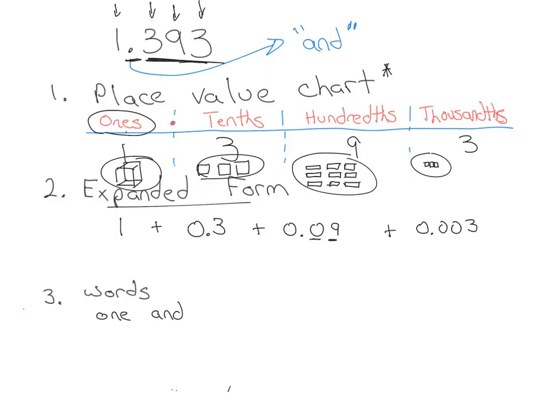It's almost like you're going to ignore the 1 in front. We're just looking at these 3 numbers. So how would you say those 3 numbers? Well, we would say 393.